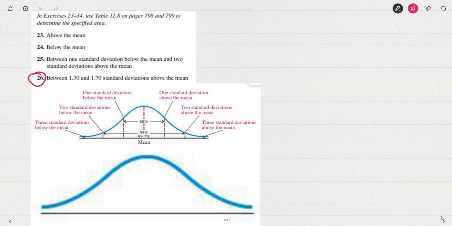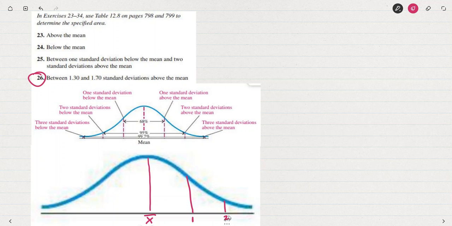So those were whole number standard deviations, 1 or 2 or even 3, that we could use. What we need to do when we get a standard deviation that's not a whole number, for example 1.30 or 1.70, is understand what that means. Here's our mean, and here's our 1 standard deviation. Here's 2 standard deviations above the mean.